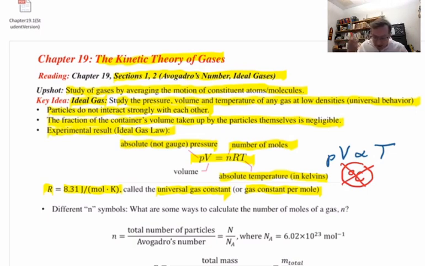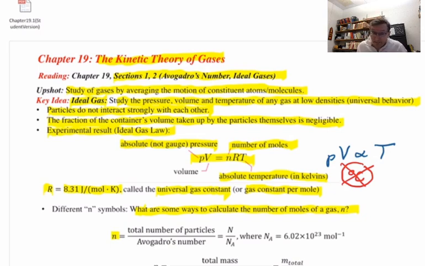So I want to just describe for you two different ways to calculate the number of moles of a gas. It's just a way to measure how much gas there is.